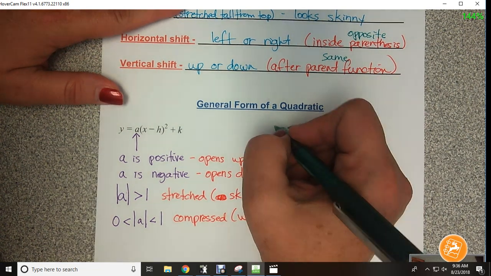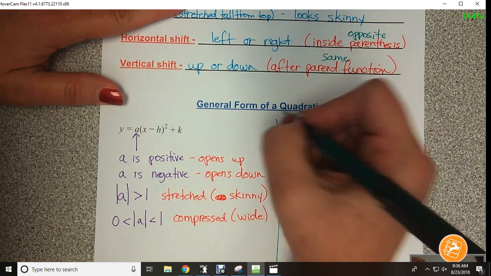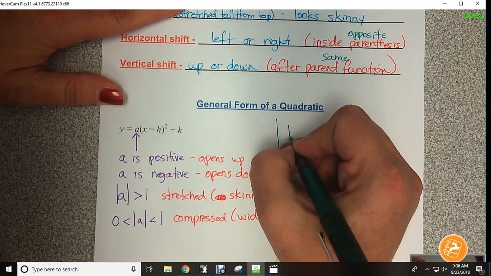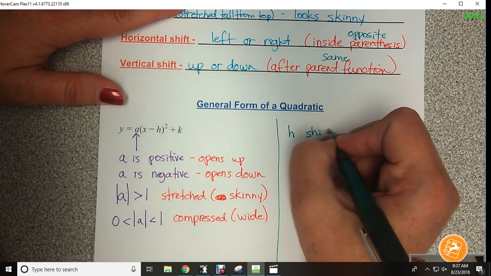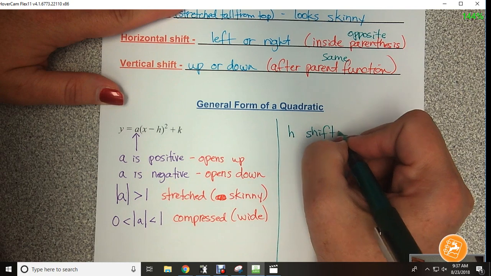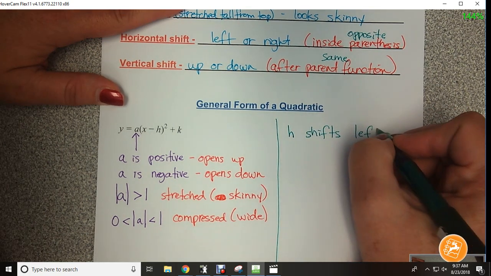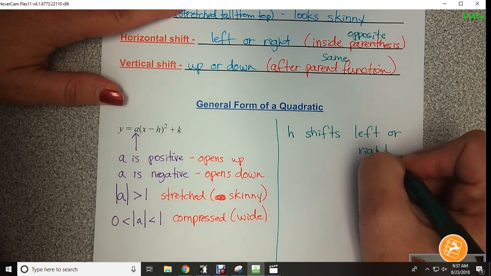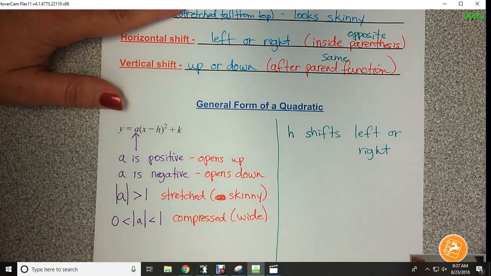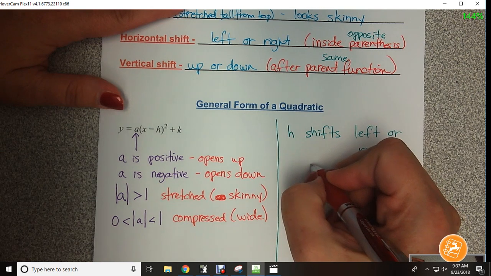All right, so now for the H and the K. Your H value shifts left or right. And you're going to do the opposite.